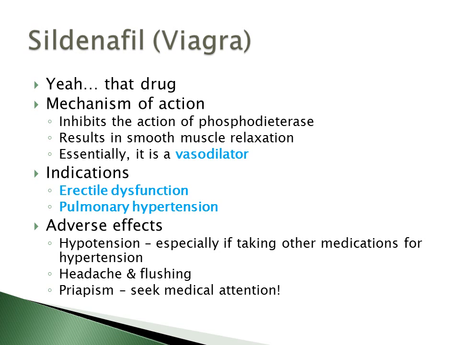Now that buildup results in a relaxation of the smooth muscle within the corpora cavernosa, and all that really means is it's a vasodilator. It is dilating the blood vessels, which allows them to become filled with blood, and then it allows an erection to happen. So all that fancy terminology for saying it's a vasodilator.